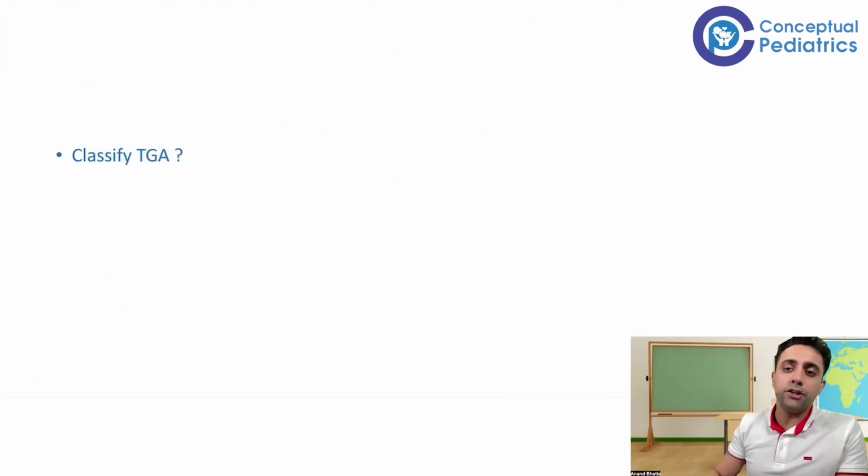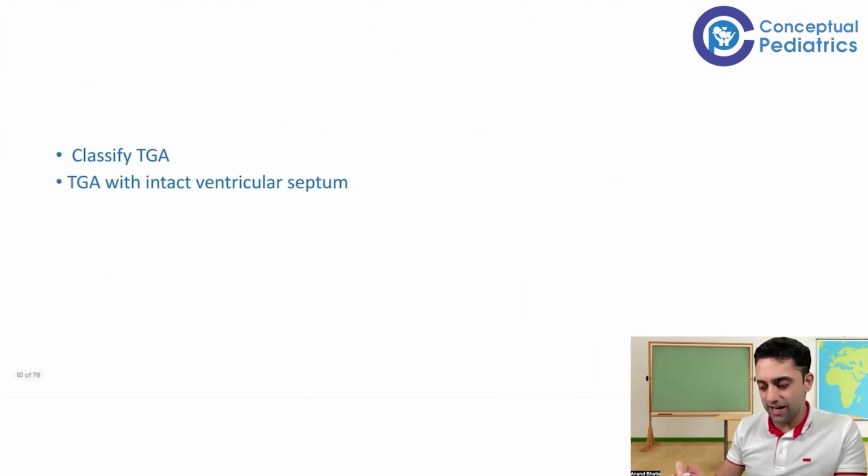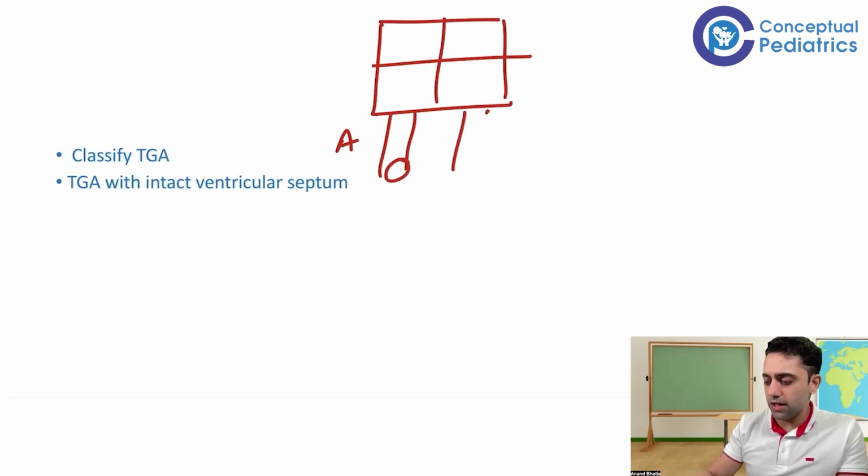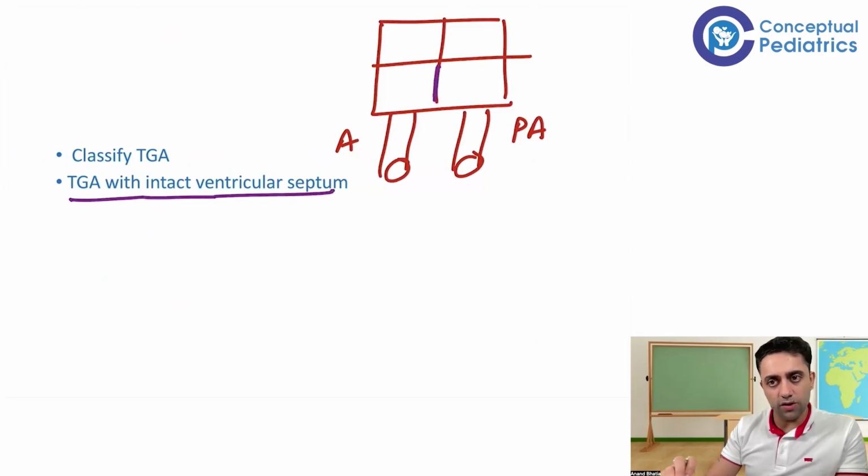Number two, what are the classifications of TGA? Transposition of great arteries. We know this side is the aorta and this side is the pulmonary artery. There could be one TGA with intact ventricular septum, where the VSD is totally intact.